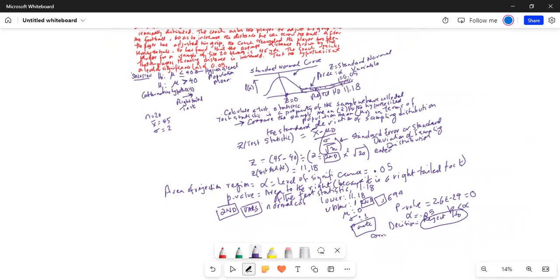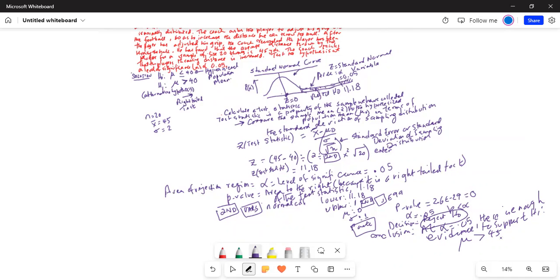Conclusion is: at alpha equal to 0.05, there is enough evidence to support H1. What does the alternate hypothesis state? Mu is greater than 45. So we are supporting it because we have rejected the null hypothesis.